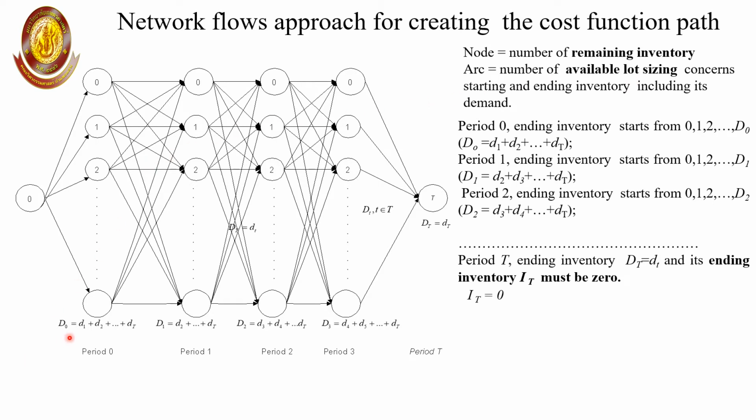D sub 0 is the summation of demand at period 1 to demand at period T. D sub 1 is the summation of demand at period 2 to demand at period T. And finally, D sub T is the last demand at period T. The last ending inventory I sub T must be 0.